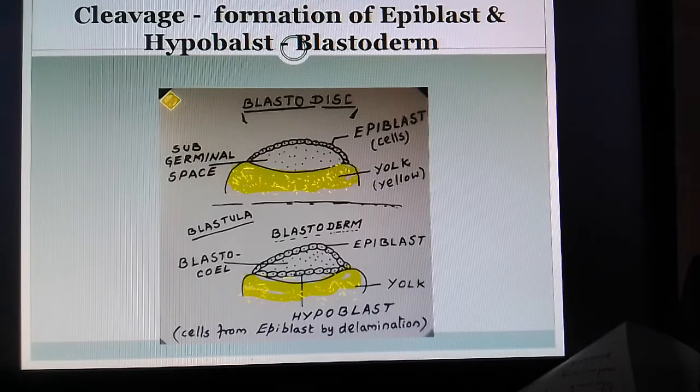From the epiblast, this is acting as a base layer for the formation of hypoblast. Don't assume that the hypoblast cells are newly forming from some other area. That's why the word is used, delamination, that is separation of epiblast cells to form hypoblast.